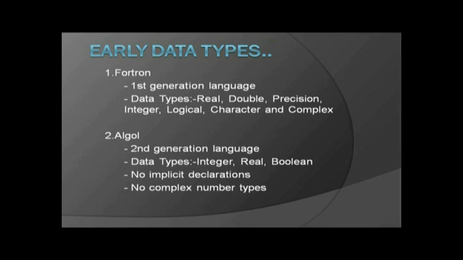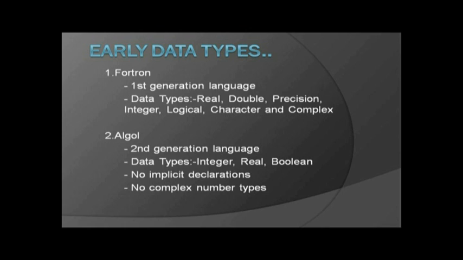Then we discuss what the various data types are. First of all, we discuss early data types. Fortran. Fortran was a first generation language. There are 6 basic data types. These are real, double precision, integer, logical, character, and complex.